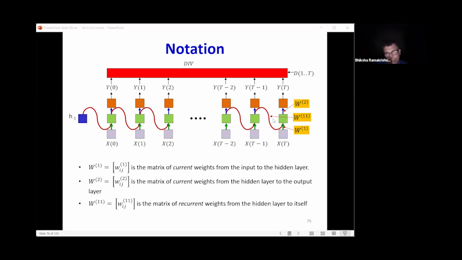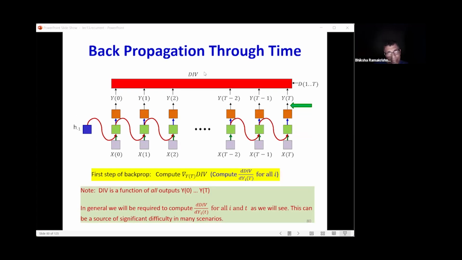Okay, and so let's move on. No matter how you compute the divergence, it is an error between the actual sequence of outputs and the desired sequence of outputs. That divergence function must be differentiable with respect to each one of these outputs. Otherwise, the whole thing breaks down.